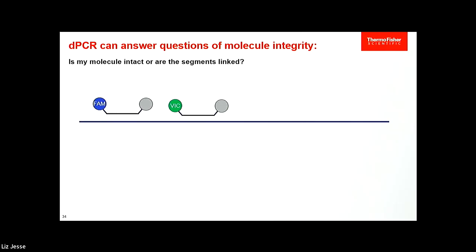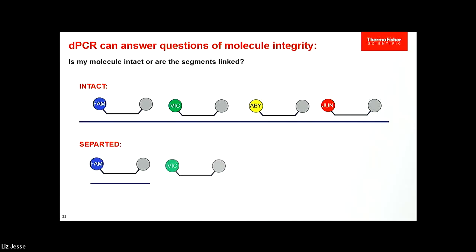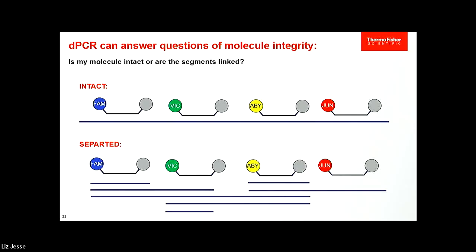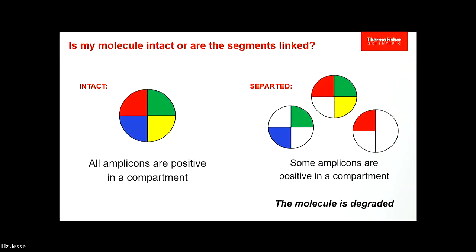So what they did was they designed a series of probes all the way along the DNA of interest. Now, in a scenario where you have intact, you would expect all of those to line up together. But if you had a degraded sample, you would envision that one, some, or none of the targets would be present in a well. So this is an analysis in which if you were going to run the digital PCR, if it was intact, we would expect the majority of the wells would have all 4 colors.